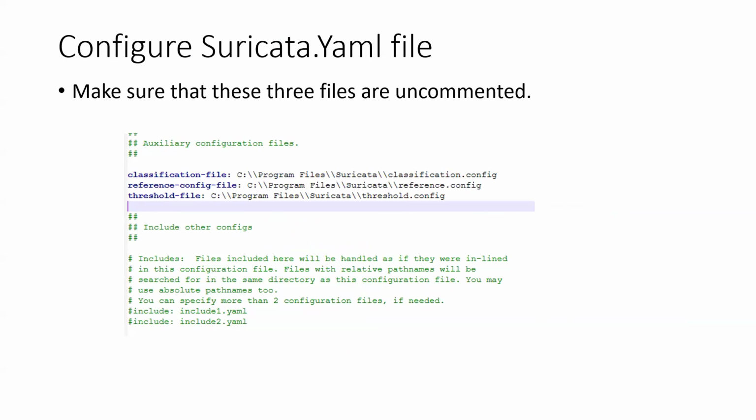But threshold.config, what it does, let's say your Suricata IDS has detected particular traffic, like let's say it is an nmap scan coming from a particular source IP address. So it has already detected that, and you do not want your Suricata IDS to log that information in the alert file multiple times.